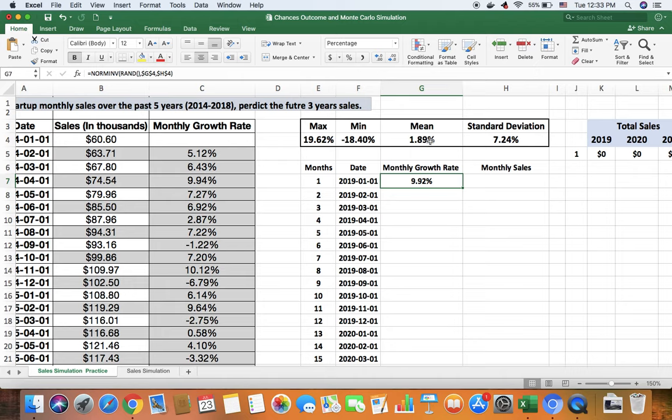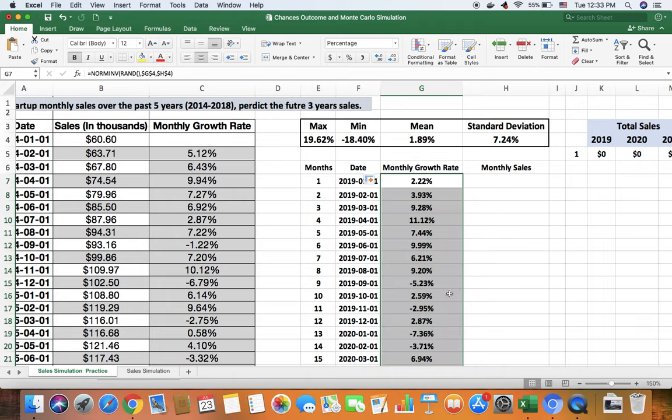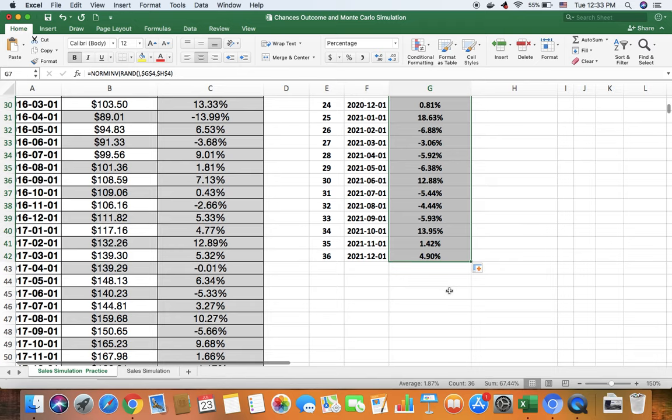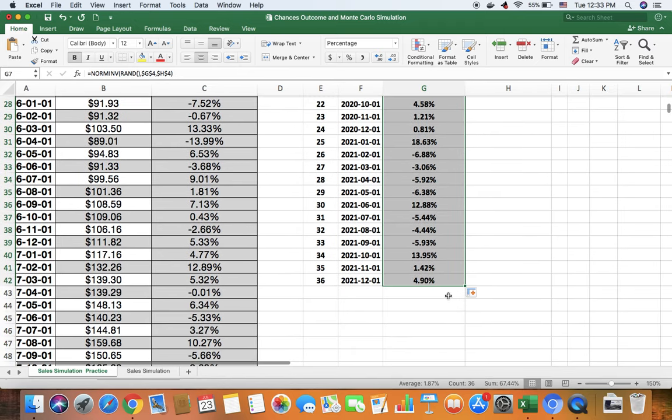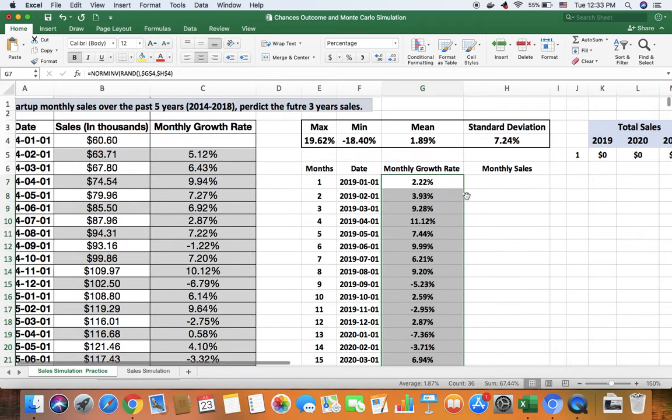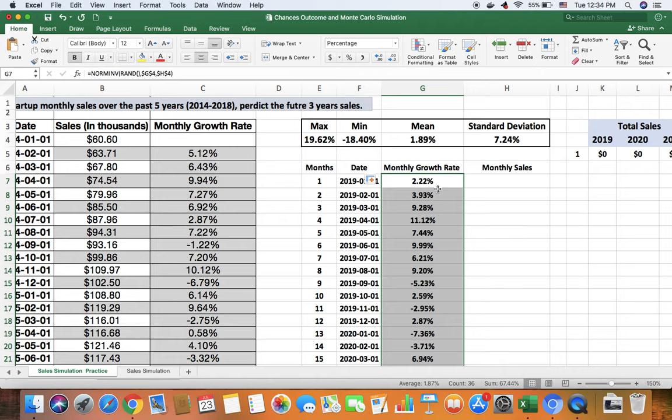G4 is the mean, and H4 is the standard deviation. After we have one growth rate, we can just double click. Now we got the future 36 months' monthly growth rate. This growth rate follows a normal distribution.